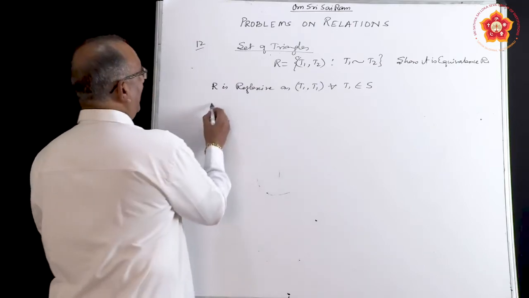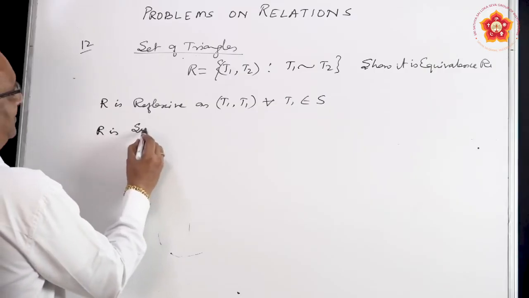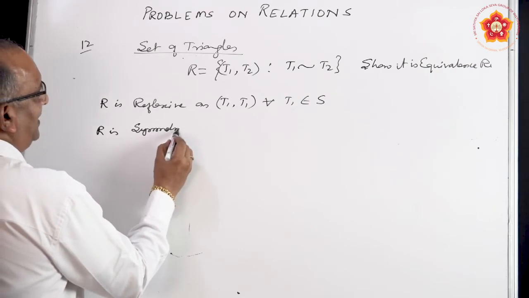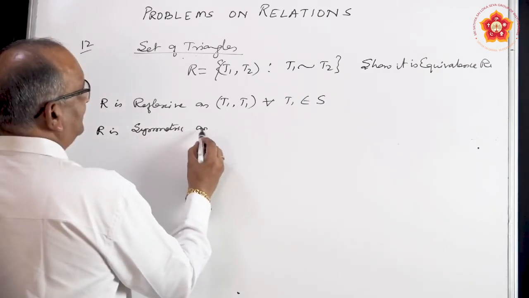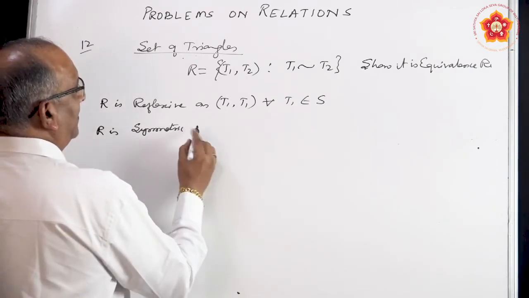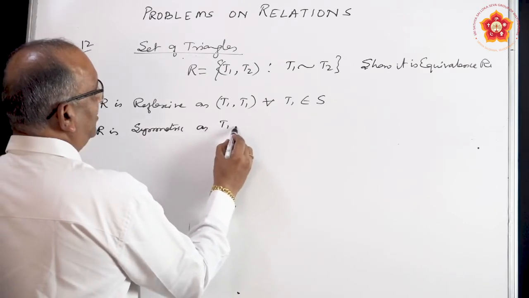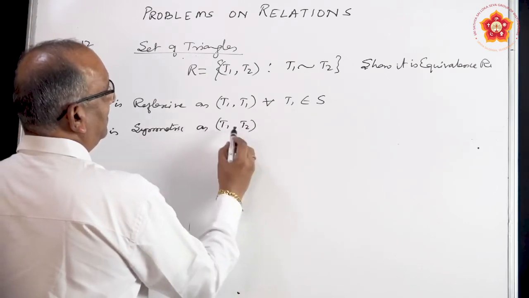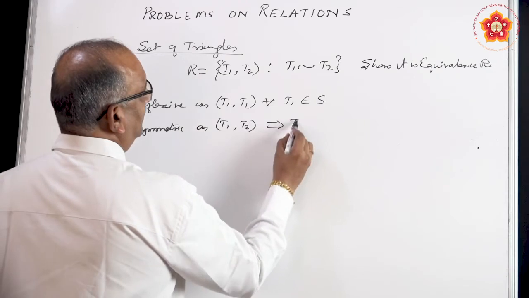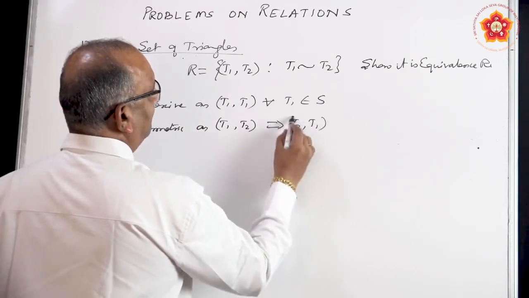We say that R is symmetric. Why do we say R is symmetric? As for (T1, T2), there exists (T2, T1).